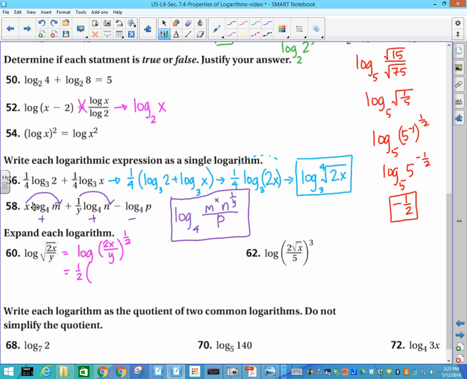Now I'm going to break this up just like I did here. If it's on the top, I'm going to make it positive, so it's going to be the log of 2 plus the log of x minus the log of y. I just have to distribute that because I can't have the parentheses. So it becomes 1/2 log of 2 plus 1/2 log of x minus 1/2 log of y.